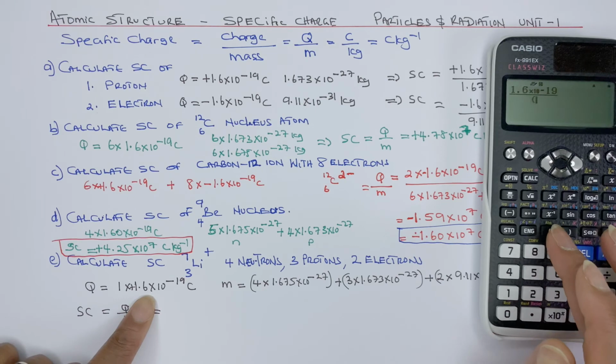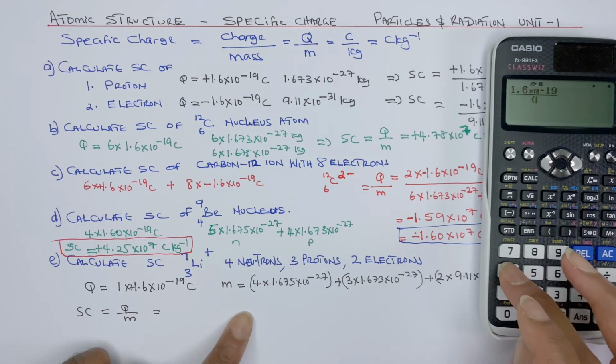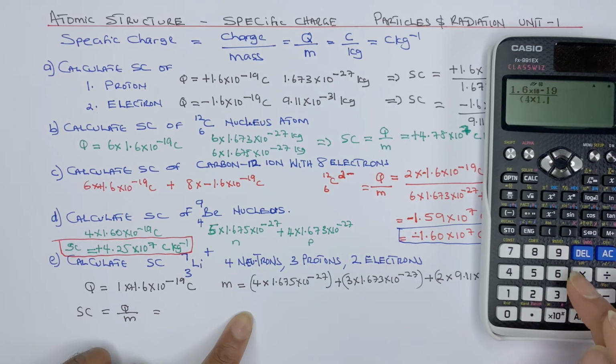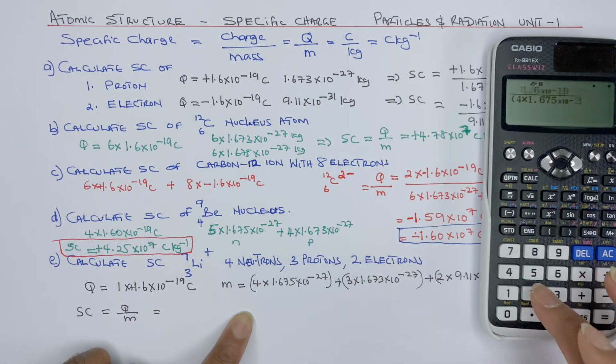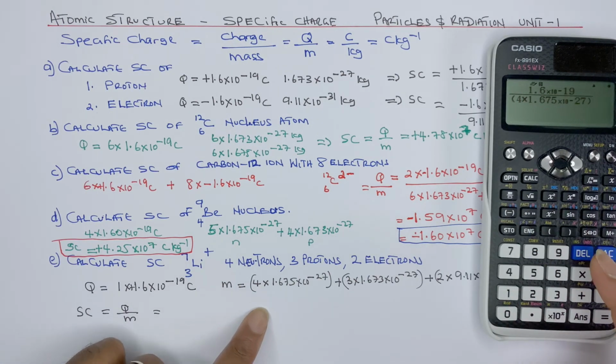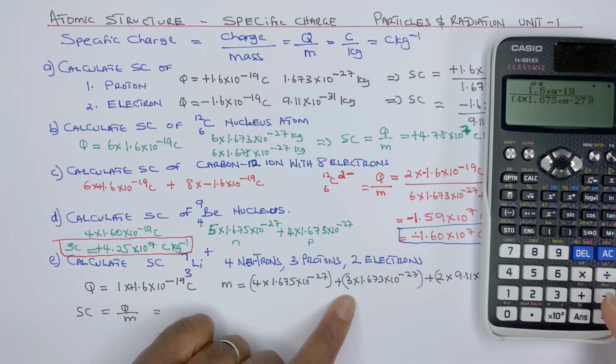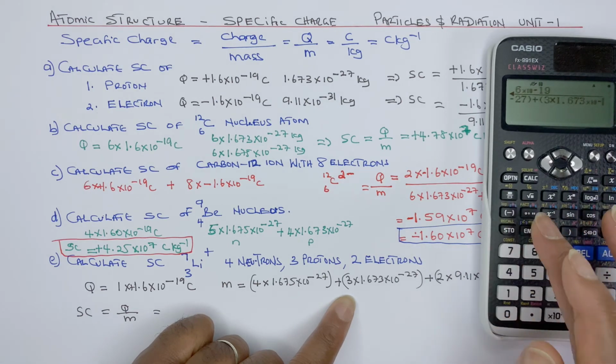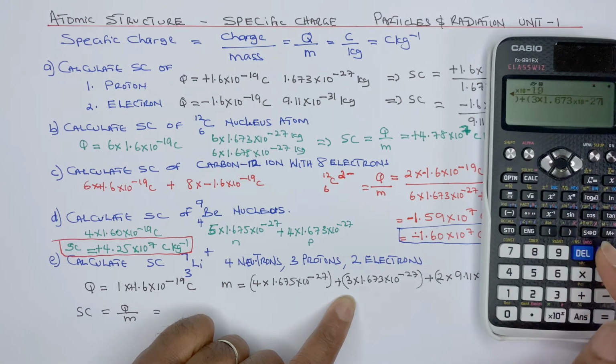So the first bracket, open bracket, will be 4 times 1.675 times 10 to the power minus 27, close bracket. That's for the neutrons. And for the protons, so plus another open bracket, 3 times 1.673 times 10 to the power minus 27, close bracket.